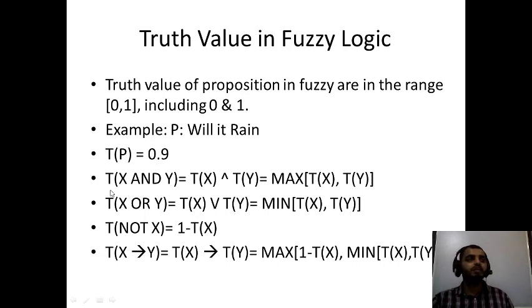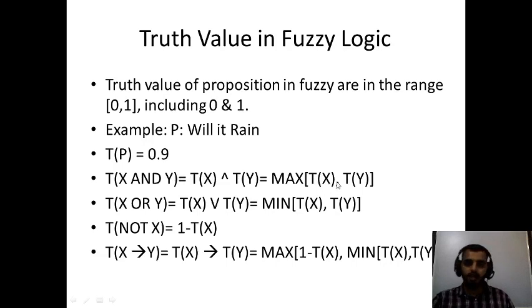Now we have seen the connectives, how this can be implemented with reference to fuzzy logic. X and y is represented this way: t of x and y equals the maximum of t of x comma t of y. The maximum of these two values will be taken as the AND value.